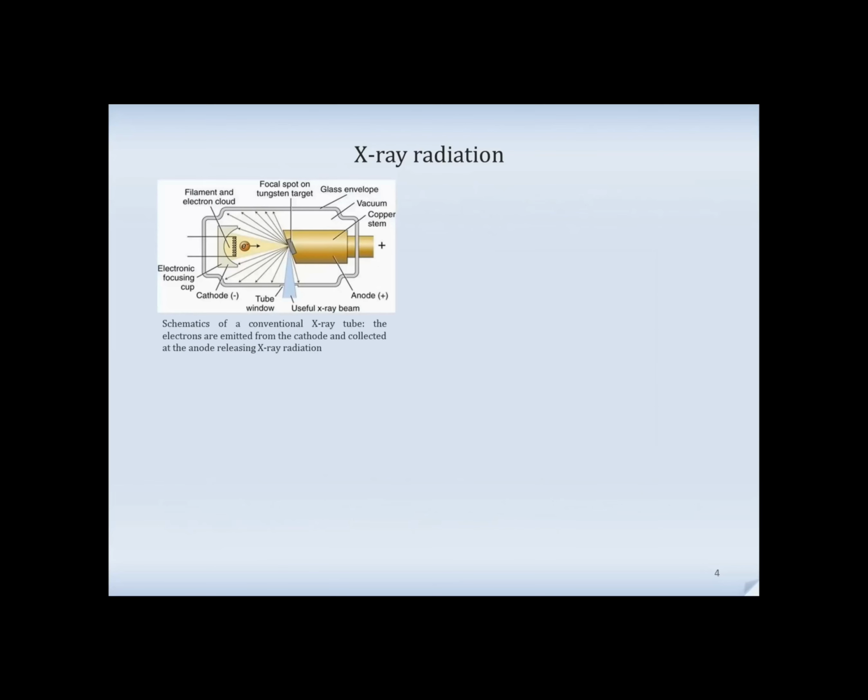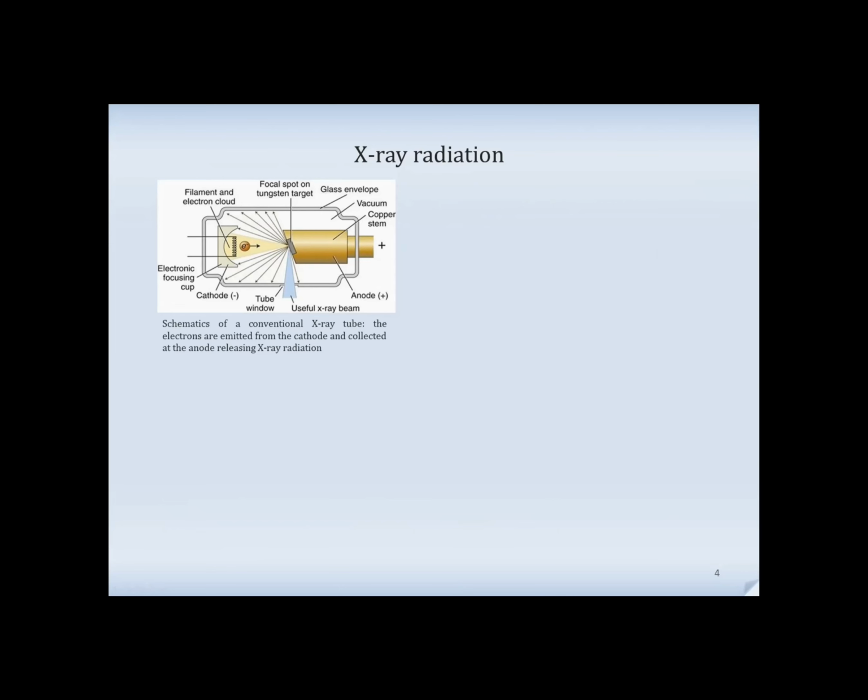The main parts of the X-ray tube, I guess everyone knows. It's a cathode and anode. Electrons are emitted from the cathode because of thermal heating, and the electric field accelerates the electrons. They collide with the anode material, and as a result of this collision, we have emission of X-rays.